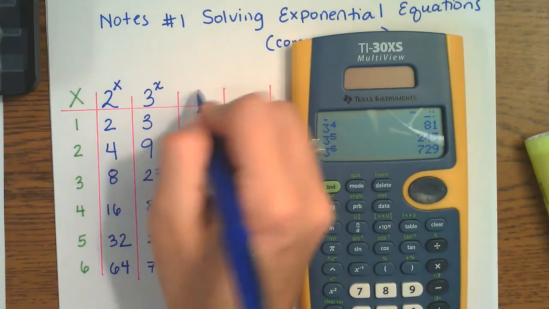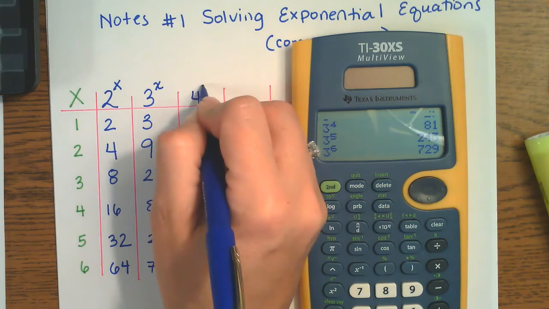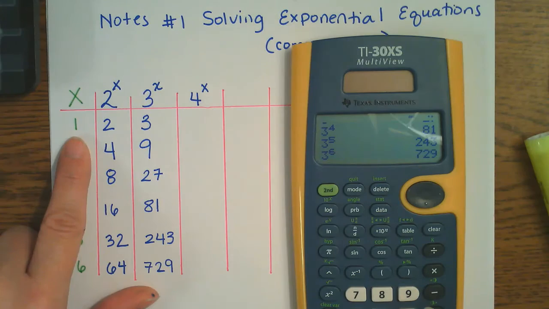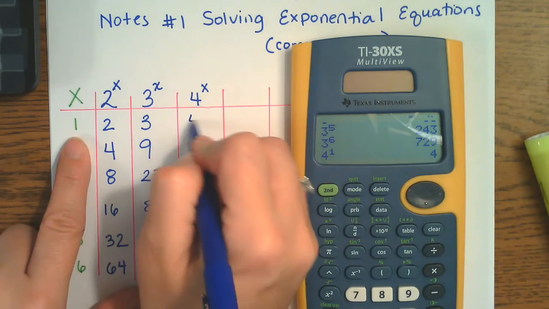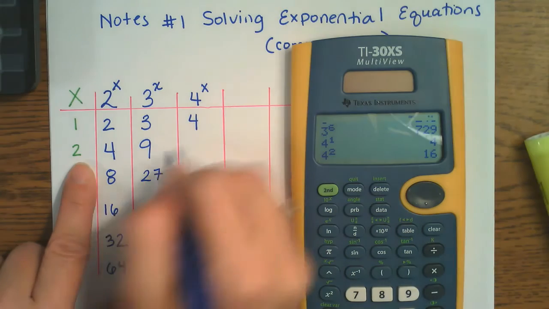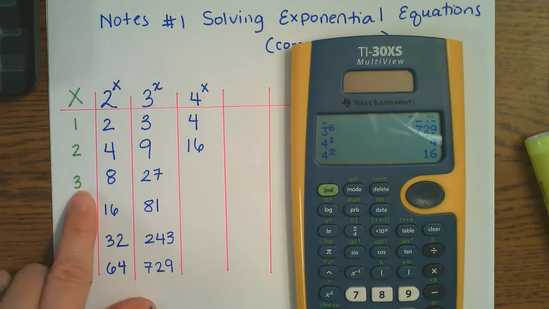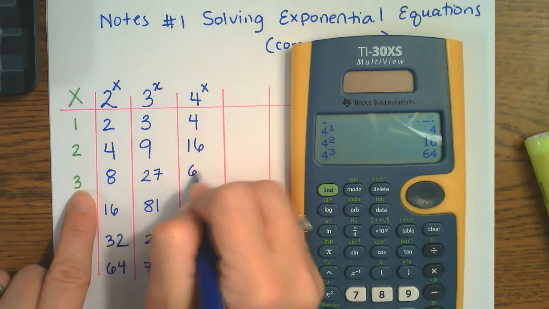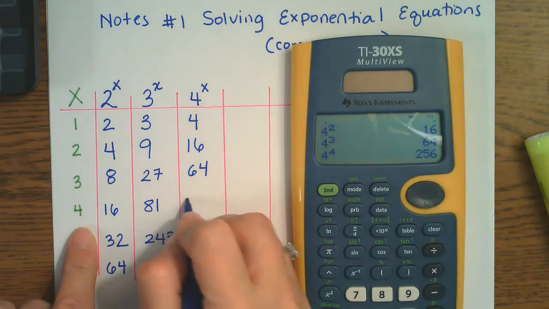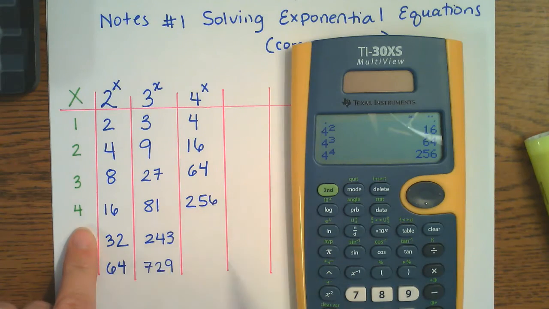So we're just going to continue repeating this process, changing the base. So now we'll do 4 to the first, the second, the third, and all the way to 9.